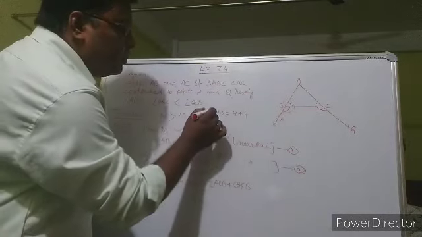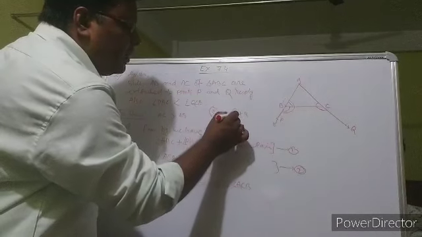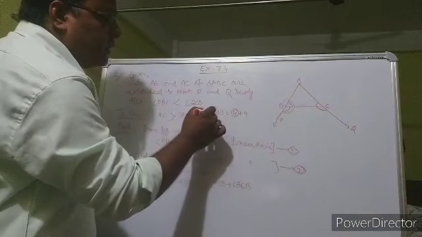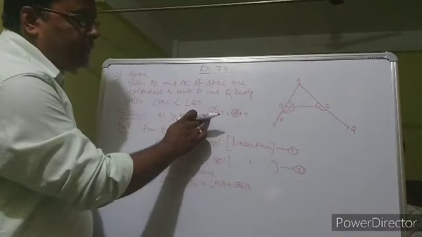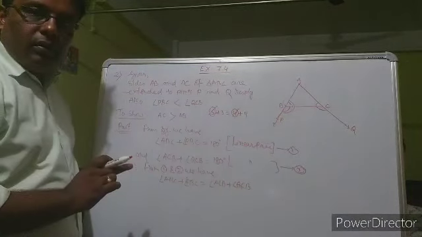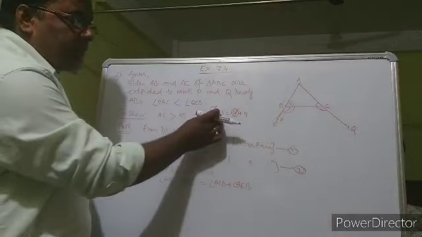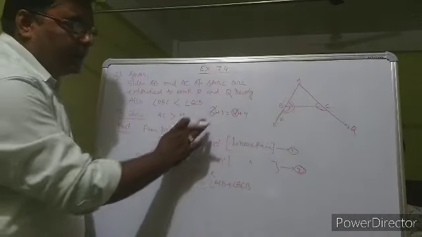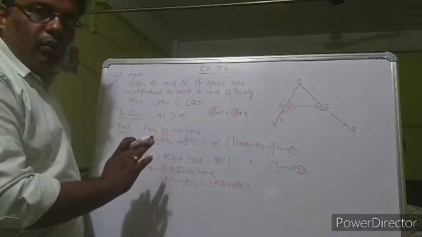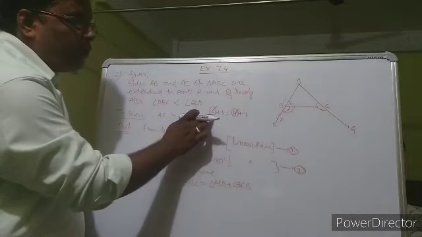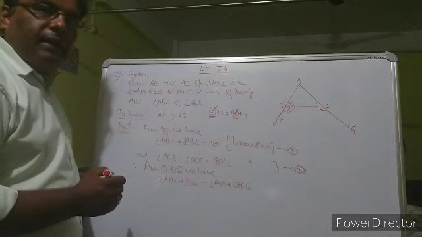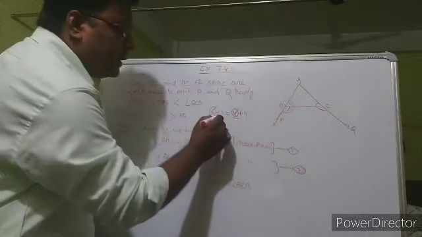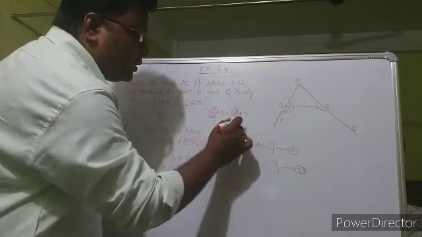Now if we remove 5 and this 4 from both sides, 5 is greater than 4. Their sums are equal, but 5 is greater than 4. If we remove the greater part from one side and the smaller part from the other, the remaining part, that is 3, and here 4.